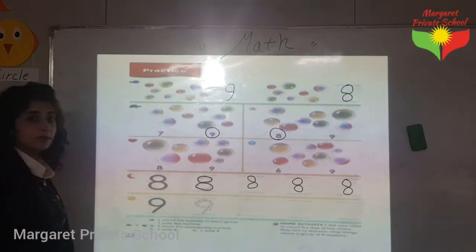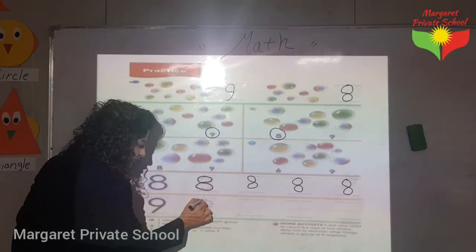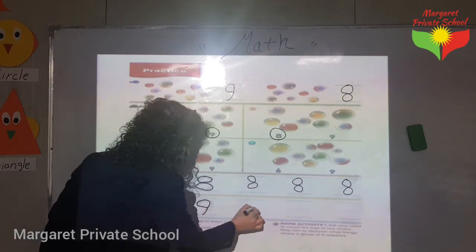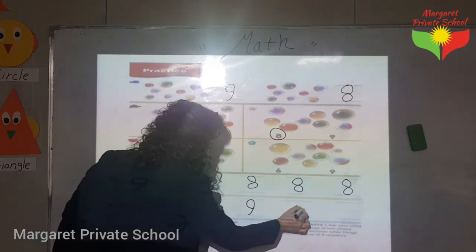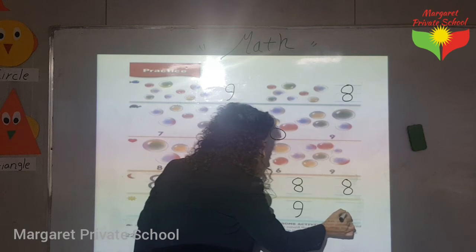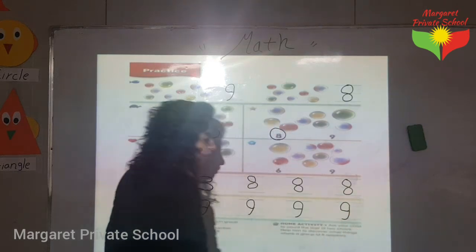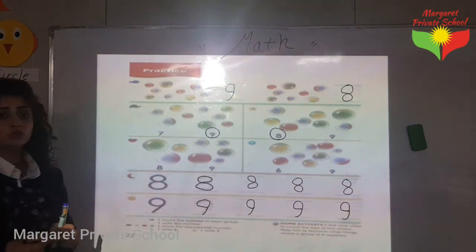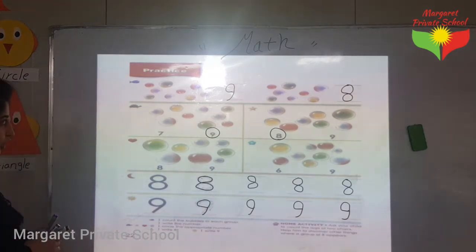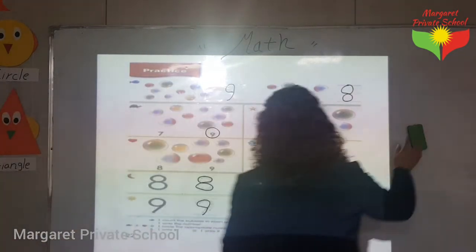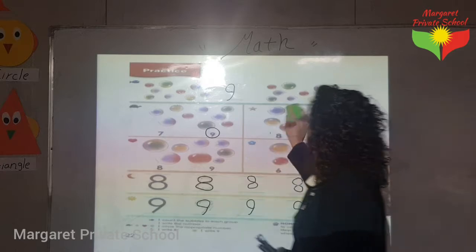And how do we write number 9? Let's start from here and finish it here. So easy. By this way, let's start from here and finish it here.